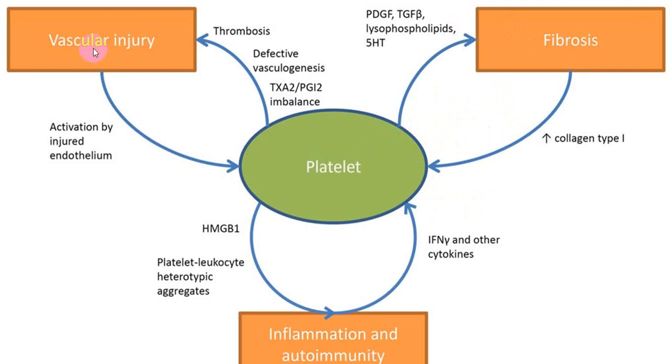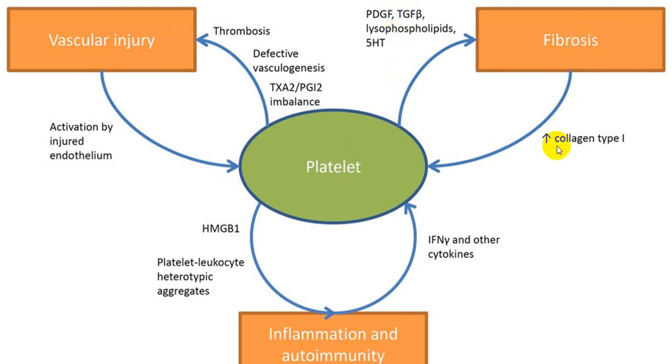There is a vascular injury which will activate injured endothelium, which will activate platelets. Platelets will release different mediators which will give rise to thrombosis and occlusion of the involved blood vessels leading to thrombosis, or platelet activation can release growth factor leading to fibrosis.